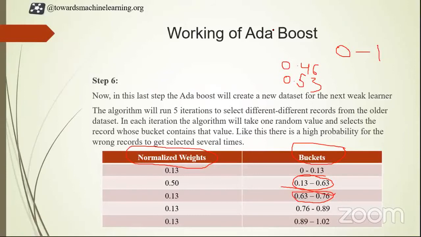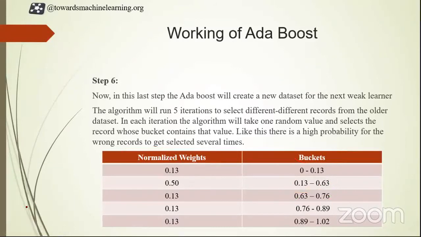Okay, this is all what we need to do only. Let me raise it so you can see it clearly. So there is a high probability that this wrong record got selected several number of times. Now AdaBoost will run these iterations, build a new data set taking the records which are selected in each iteration.